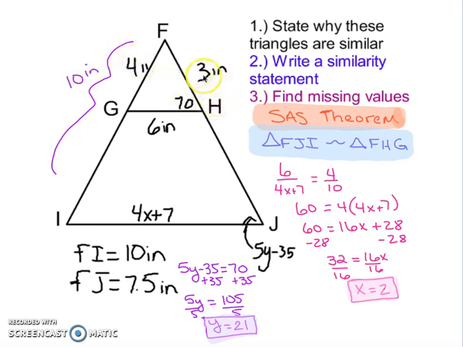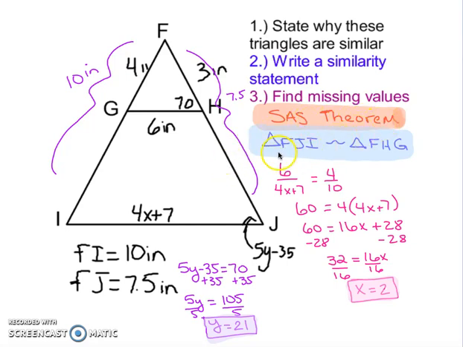And then over here for your FJ, that whole entire side would be 7.5. So we know that this side and this angle and then this side we could use, okay, because we've got these two angles correspond. So therefore we've got side angle side, and so that's the theorem that we would use for this.